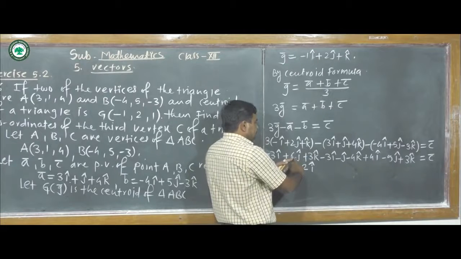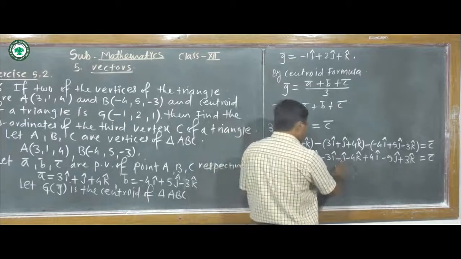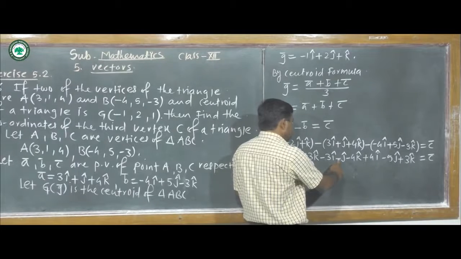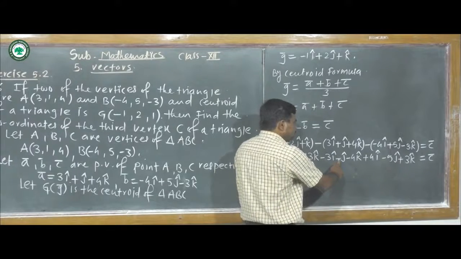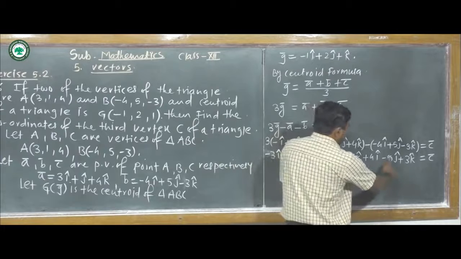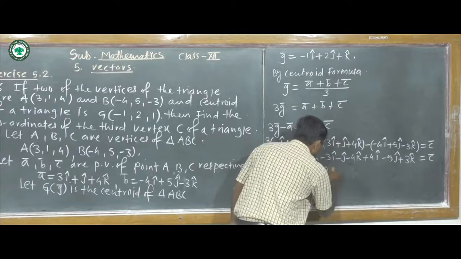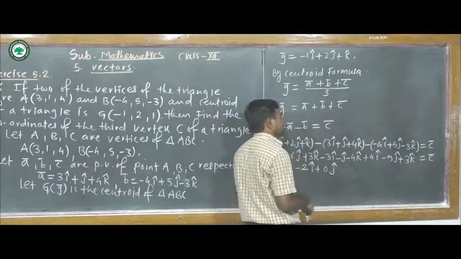For j cap: 6 - 1 - 5 is 0, so 0 into j cap.